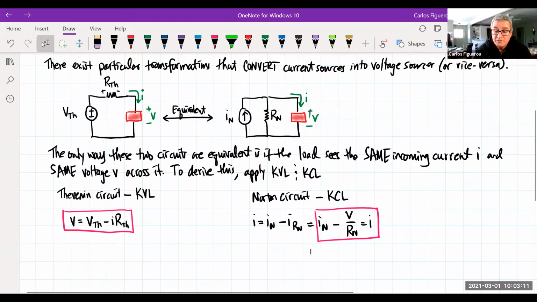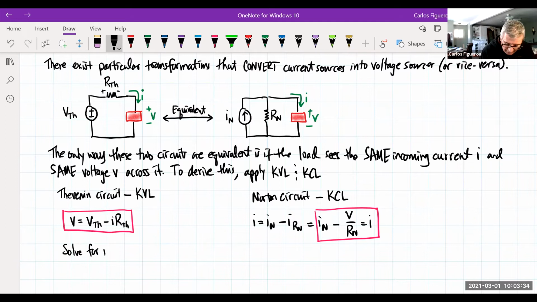So the only way these could be valid transformations is if what we get for the Norton circuit must be the same for this one here. So I'm going to solve for I. Since I already have it in I, I'm going to solve for I in this equation.